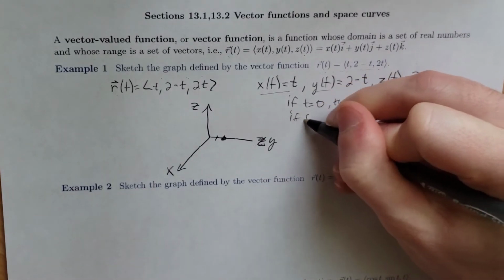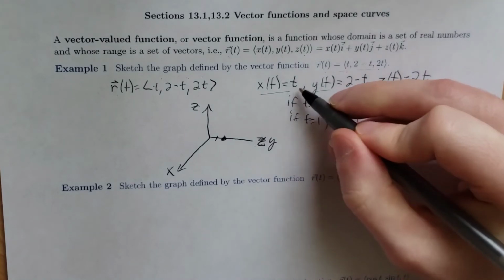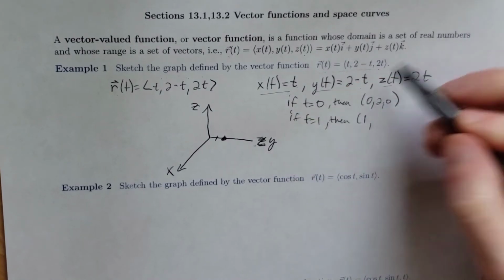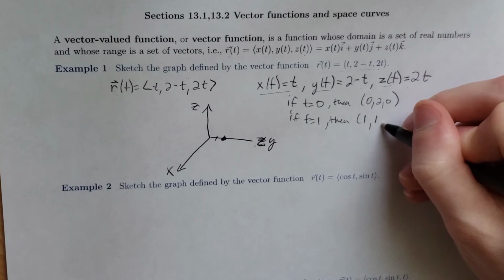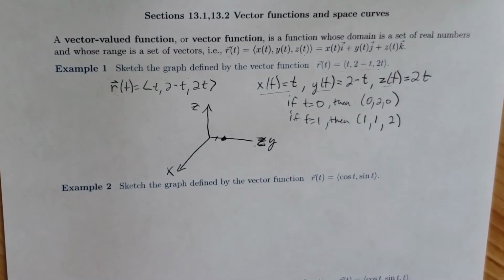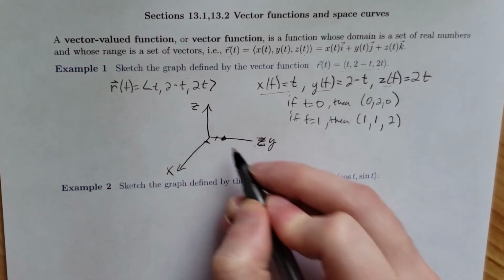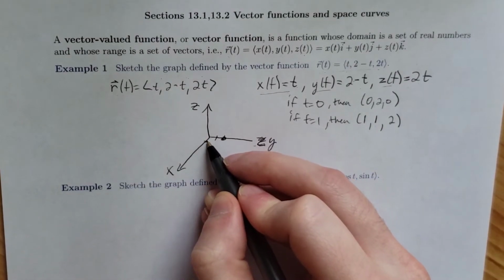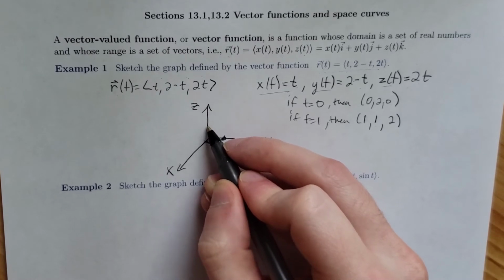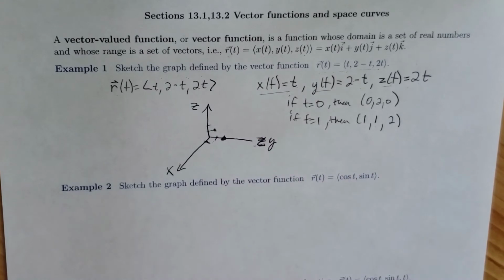What happens if t equals 1? Then we have the point 1, 2 minus 1 is 1, 2 times 1 is 2. So we get the point 1, 1, 2. So 1, 1, and then up 2. So we get some point here.